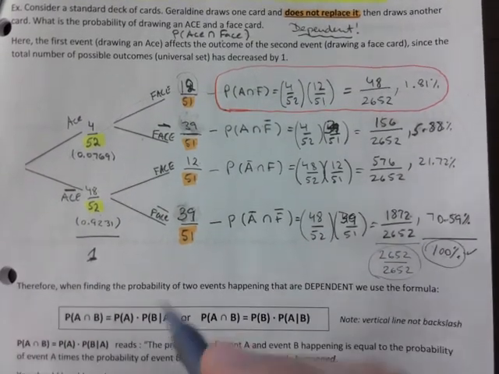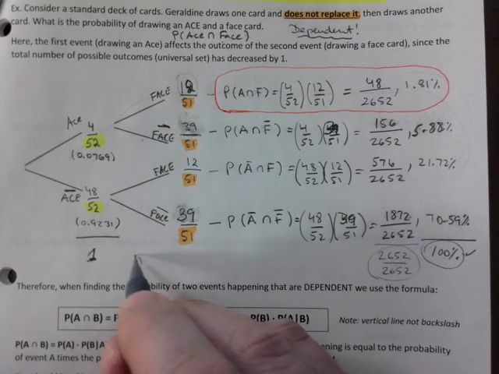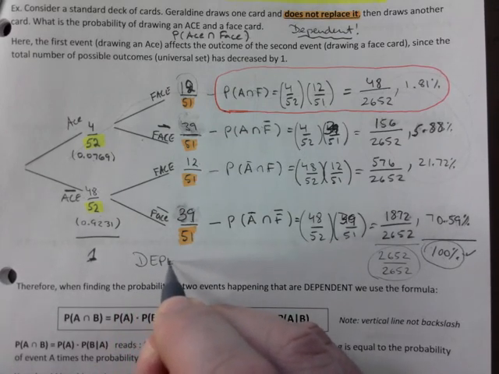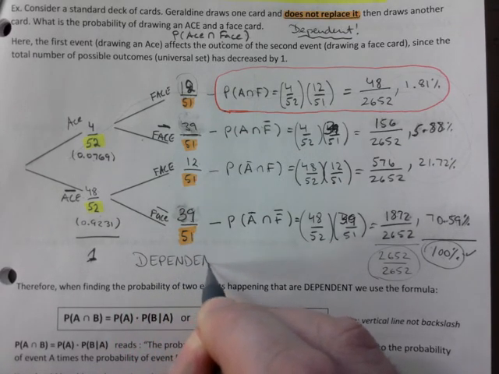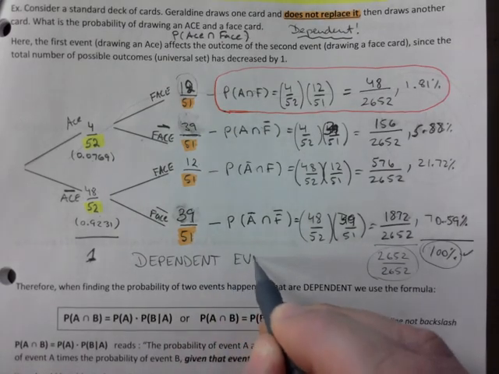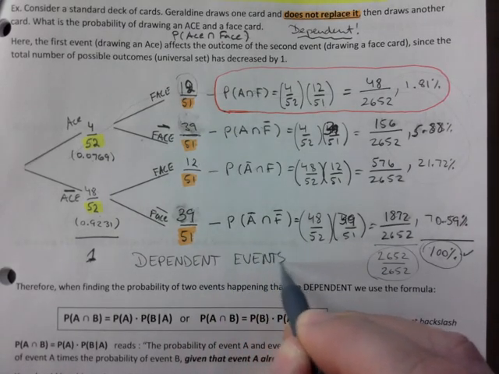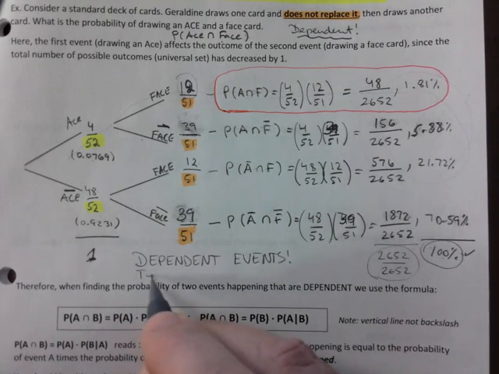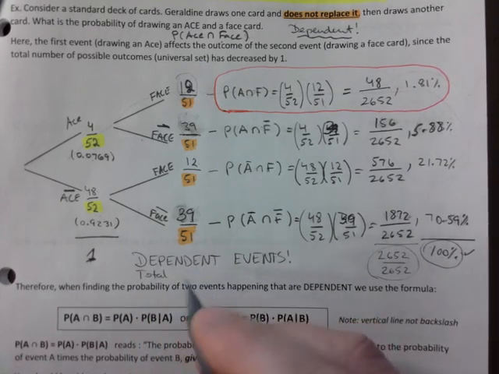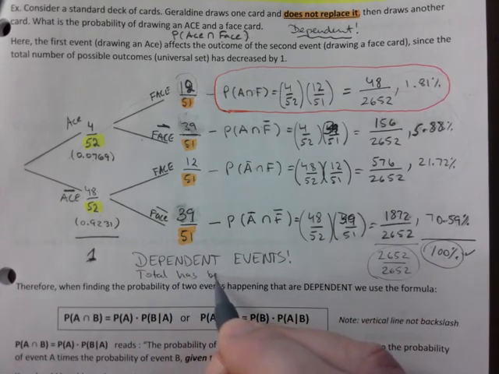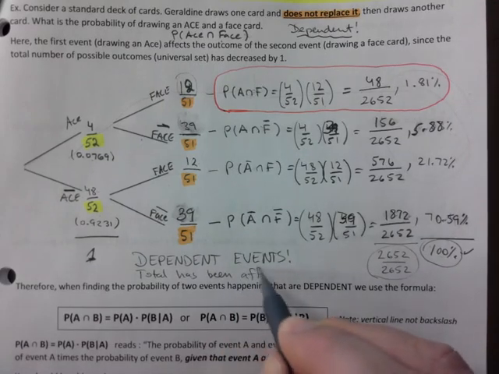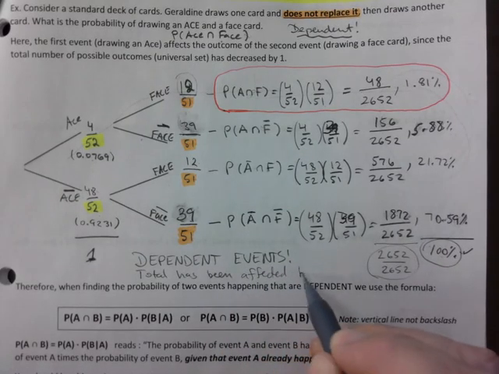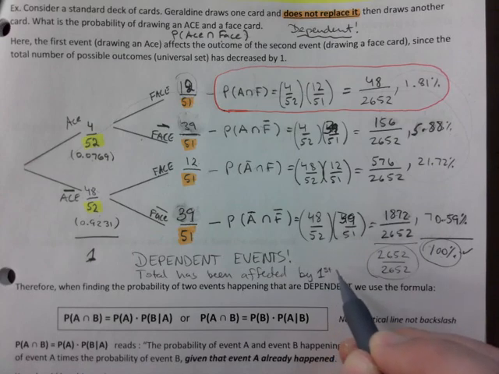Okay, so dependent events. The total has been affected by the first event.